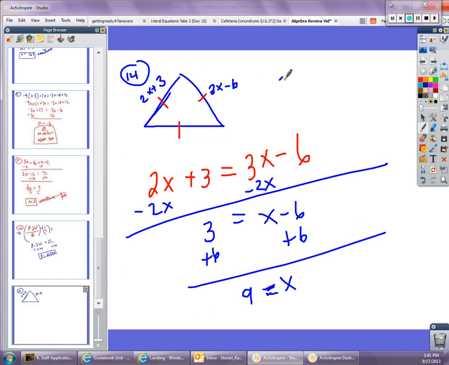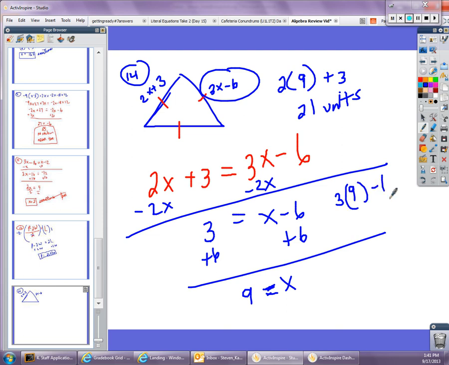So if I go ahead and plug in, just to double check, 2 times 9 plus 3, you get a side length of 21 units. So I know that this side should equal 21 units because it's an equilateral triangle, but let's just double check. Instead of 3x, we know x is 9. 3 times 9 minus 6, 27 minus 6, you also get 21 units. So x becomes 9. If I asked you for the sides, it would be 21 units.